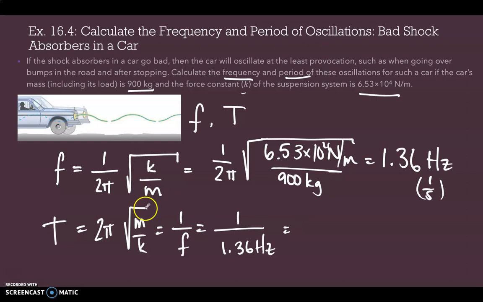And we get 0.738. Sorry about that. And this will be in seconds because this is a time. So this is how we would calculate the frequency and period of oscillations.